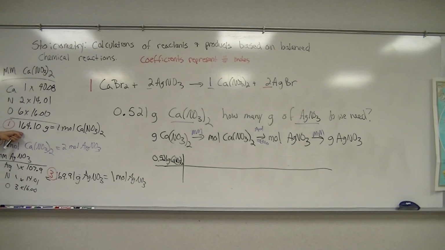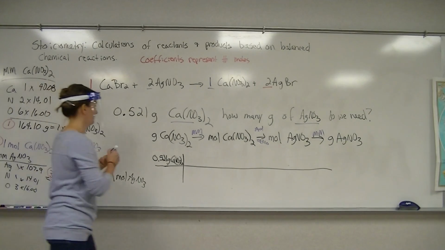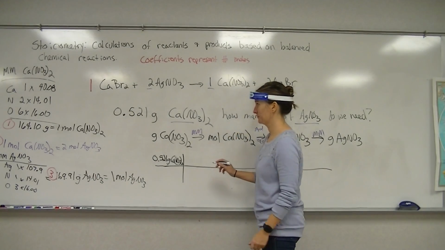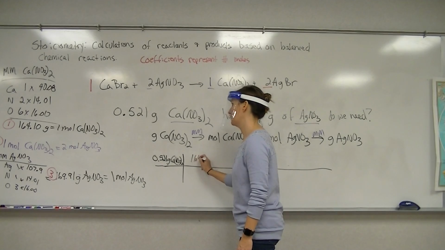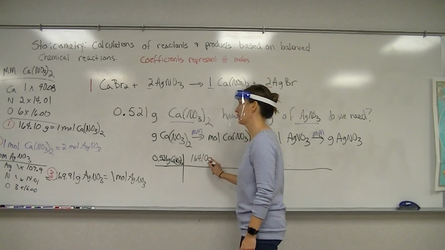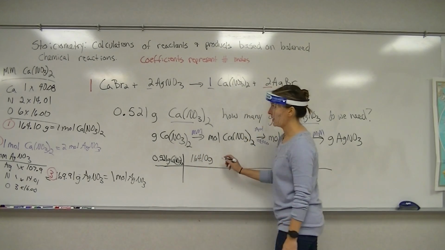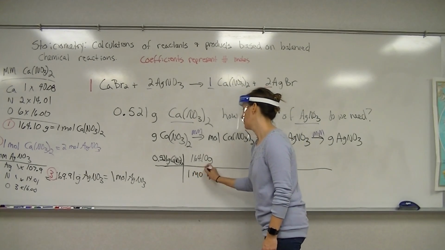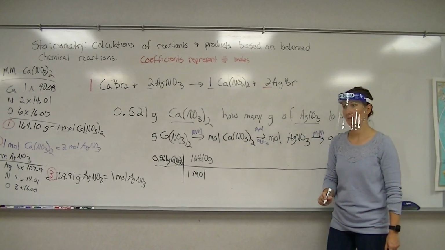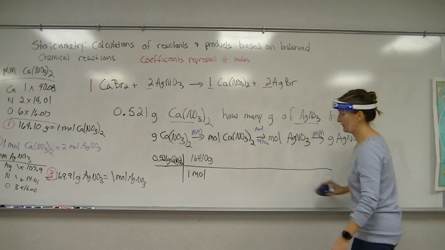So do we want the 164 on the top or the bottom? If we put that on the top, then we're going to be putting moles on the bottom. So let's flip it.